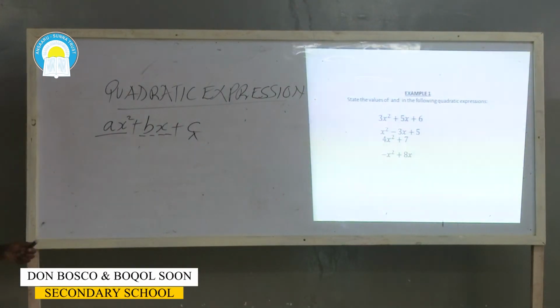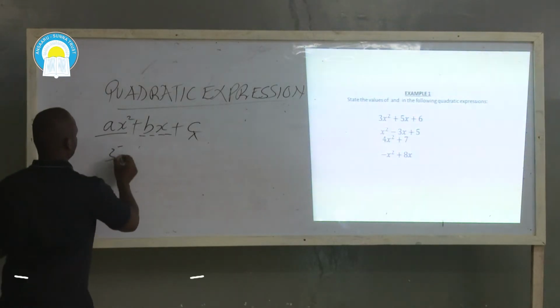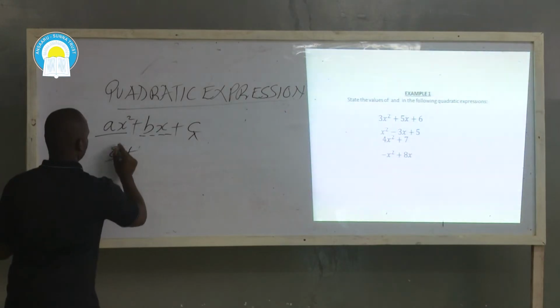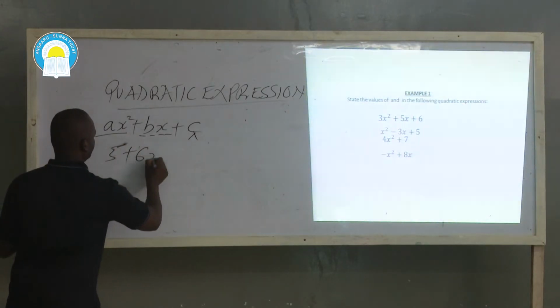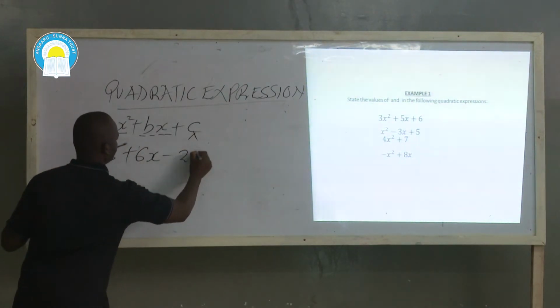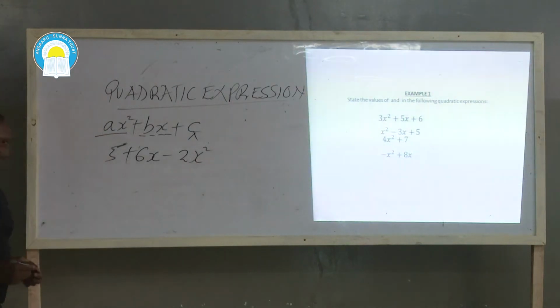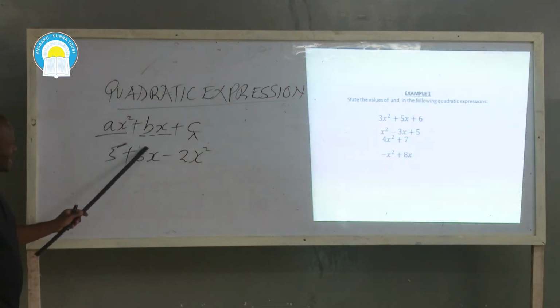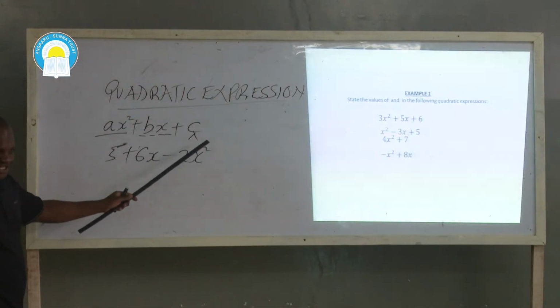Now let us have 5 plus 6x minus 2x squared. Remember, when I was giving the general form, we began with the quadratic x, we came to linear x, we came to the constant.